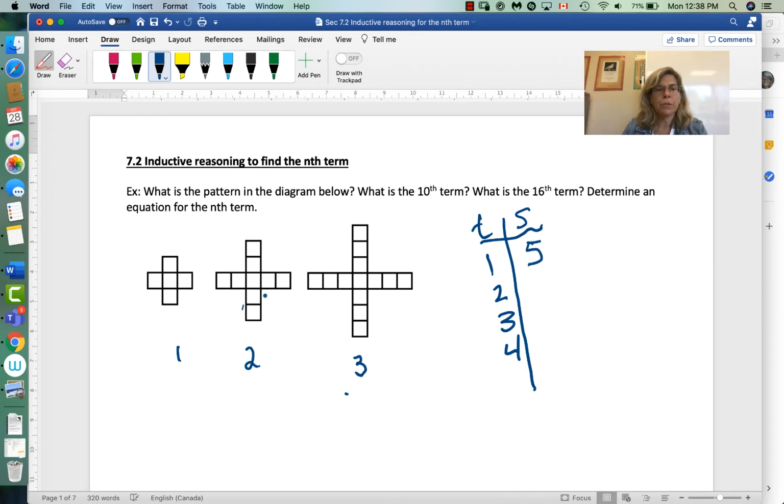And for term 2, well, we have 2, 4, 6, 8, 9. We have 9 squares. And for term 3, we have 3, 6, 9, 12, 13 squares.